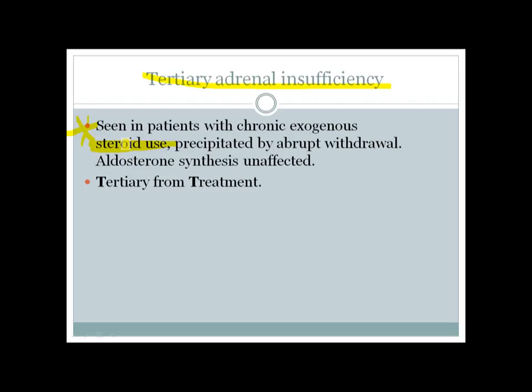So now they develop an adrenal crisis. Very important: this can be precipitated by abrupt withdrawal or an increased demand. So aldosterone synthesis is unaffected in these patients, and you can remember tertiary from treatment of the patient with steroid.